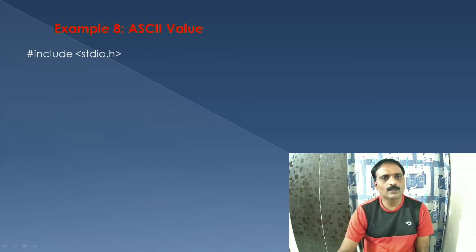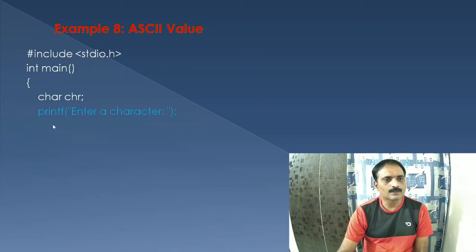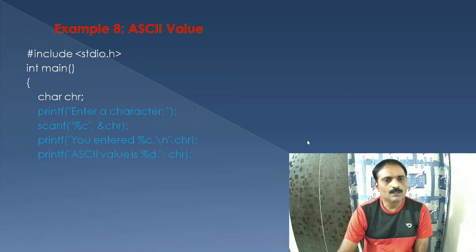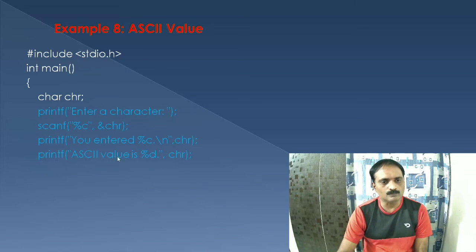Now the ASCII value: how are we going to print an ASCII value? Same as before, chr as a character, print and enter a character here, and scanf %c and &chr. Here we are going to add one more printf statement, for whatever character value we are giving here: printf "ASCII value is %d".